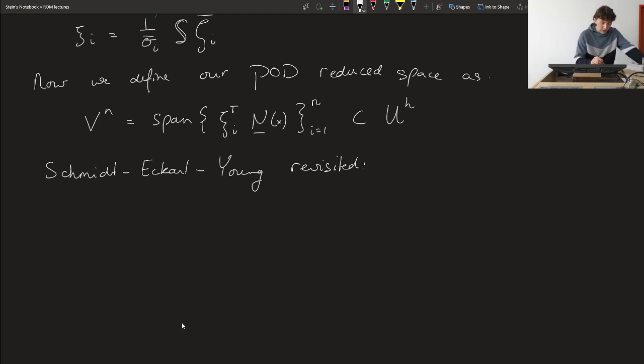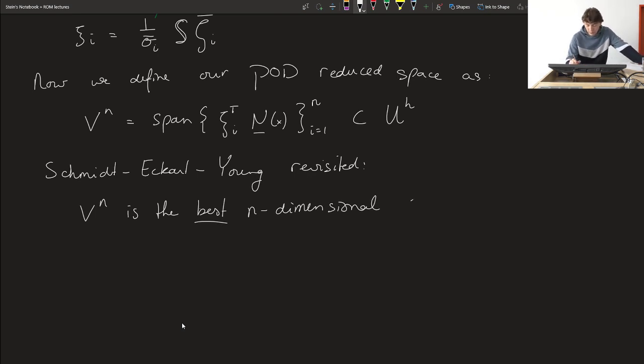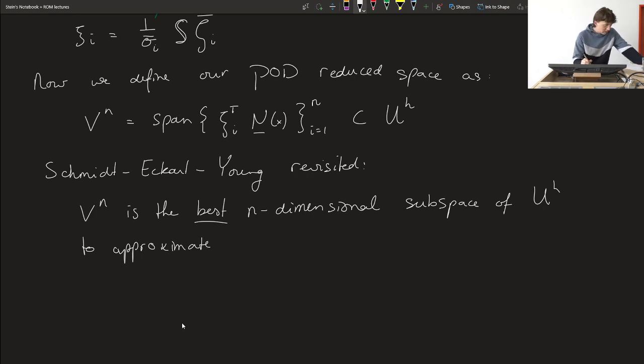We have a similar statement now in this POD setting, and that is that Vn, this space, is the best n-dimensional subspace of U, or UH, to approximate any u inside of our snapshot set.